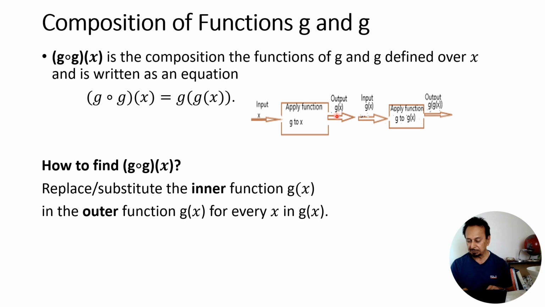Then we take this g of x and input it to the same function g, applying g to g of x to get g of g of x as an output. So to find the composition of g and g defined over x, we substitute g of x into g of x for every x in g of x.